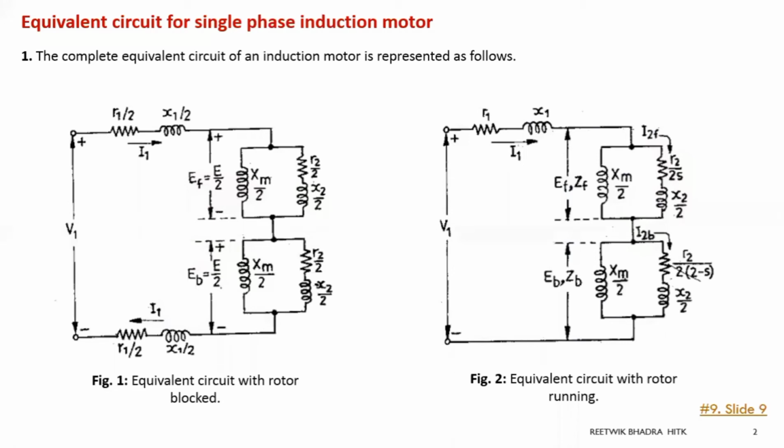One is your forward torque, which is assisting the motion, and one is acting in the opposite direction. But at starting, the torque was zero, as forward torque and backward torque were equal. So net torque TF minus TB is equal to 0. So since there is no starting torque, we have to give an additional torque from an external circuit to start the motor.